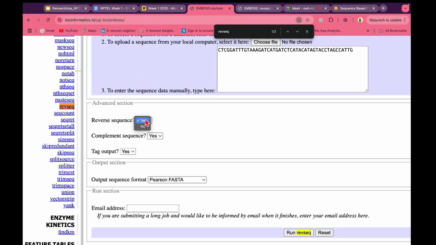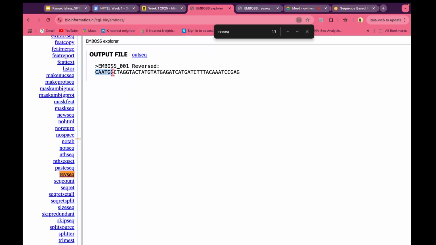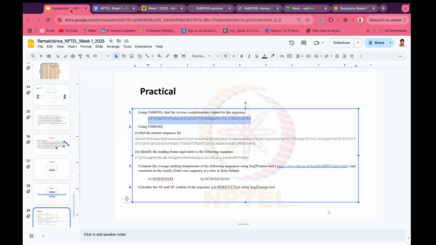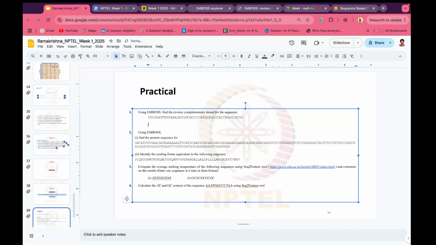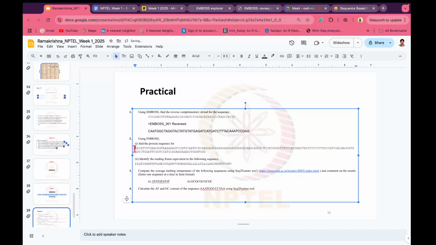Since it asks for the reverse sequence only, I am keeping the option as yes. Run. So this is the reverse complement sequence for our given input sequence. Then I wanted to find the protein sequences.